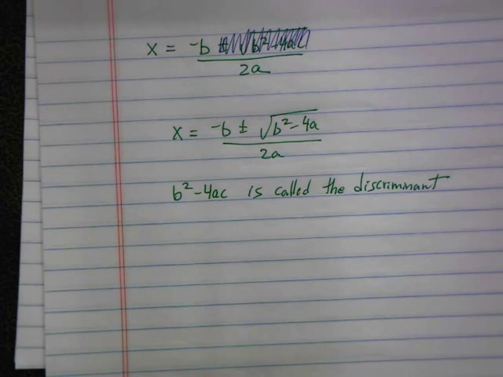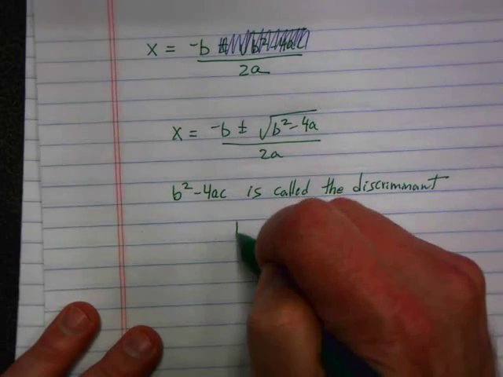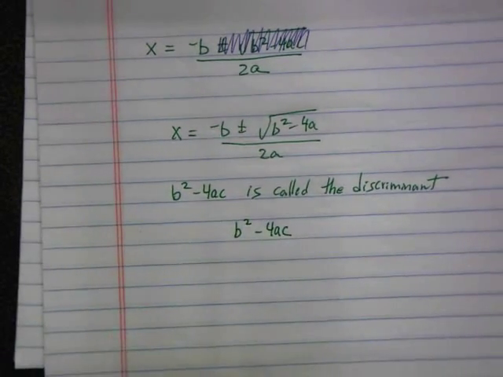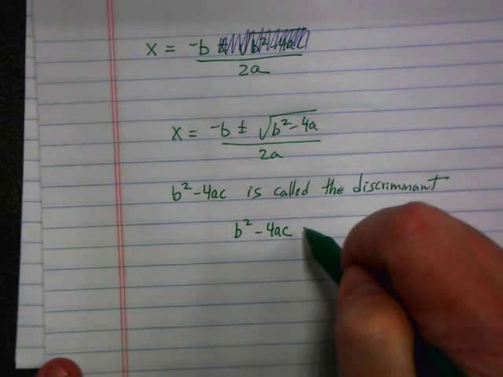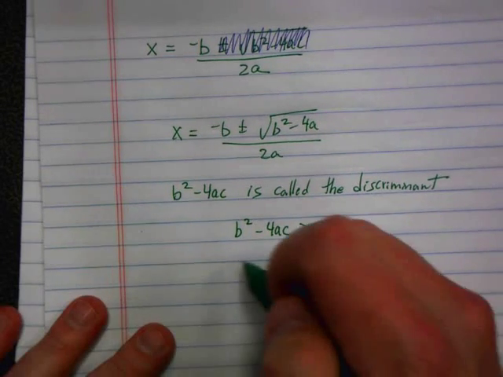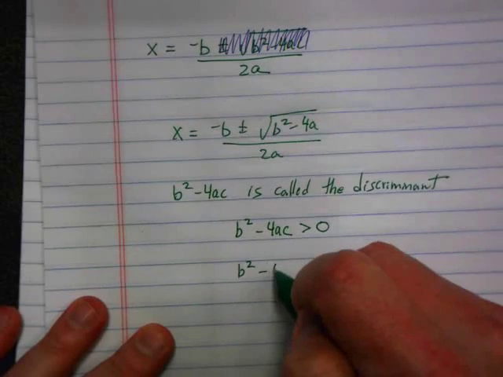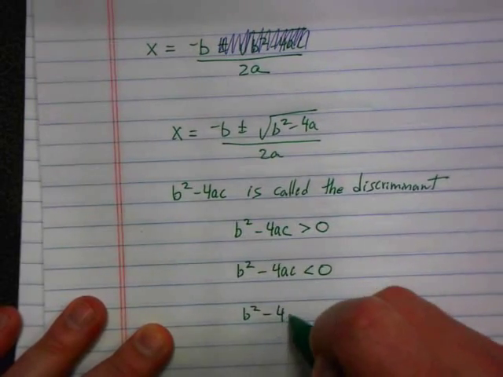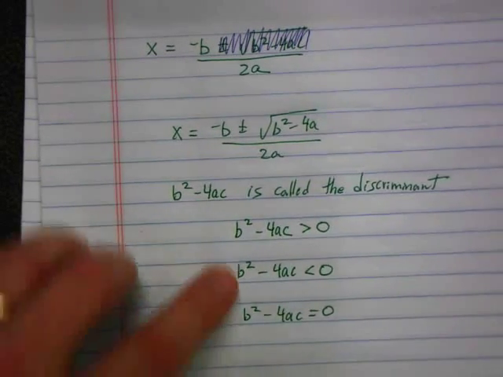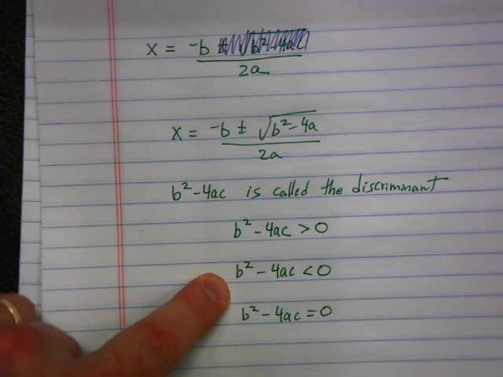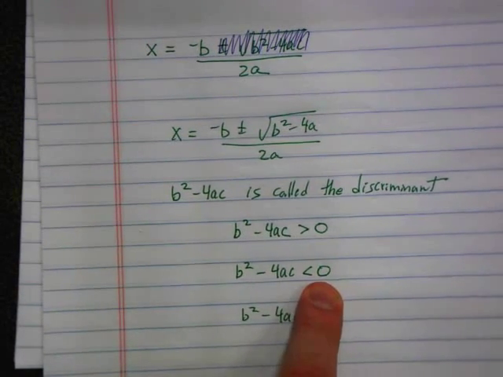All right, so what I want to point out is, when you're dealing with this, b squared minus 4ac discriminates the kind of answers we get. What happens if b squared minus 4ac is a positive number? What happens if b squared minus 4ac is a negative number? And what happens if b squared minus 4ac happens to be 0? The middle one's the easiest one to answer. What happens if b squared minus 4ac is a negative number?